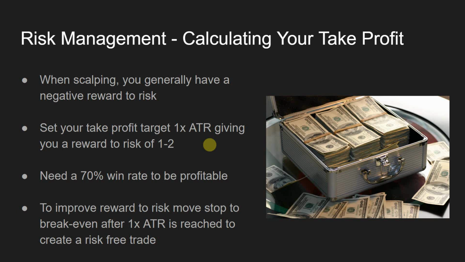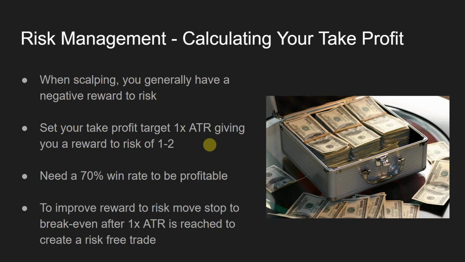But again, to keep things very simple, your stop loss is 2x your ATR, your take profit target is 1x your ATR. As you get better, when you hit your 1 ATR, you don't set a take profit target. Just wait till it gets to 1x ATR, move your stop to break even, and then start trailing price as it goes further and further in your favor to get a better reward to risk ratio.